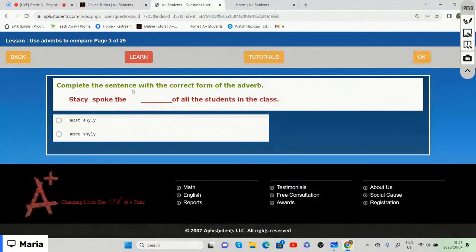Stacy spoke the of all the students in the class. If you're comparing Stacy to all the other students, then it means that it is a superlative adverb, where it tells us about two or more actions that are being done.